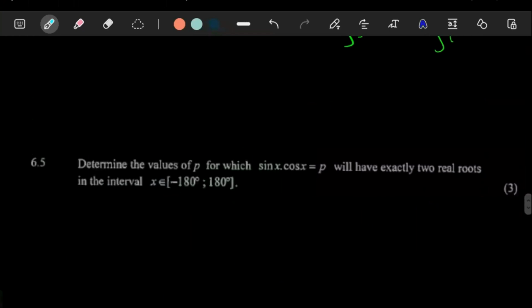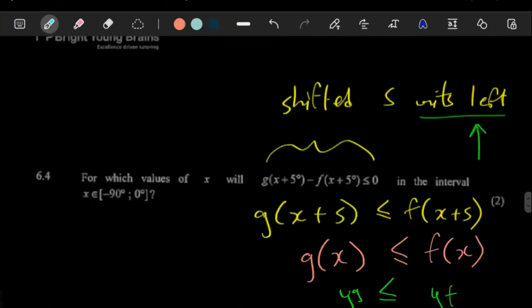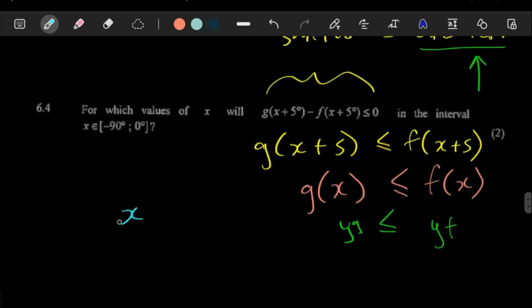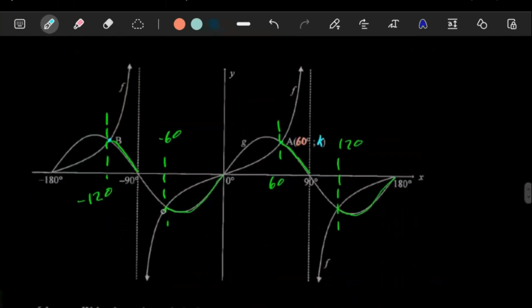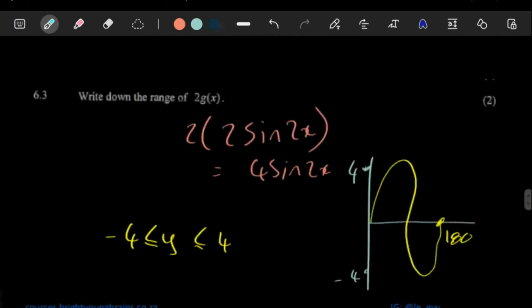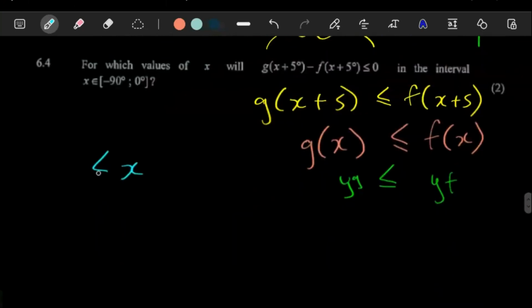So we're going to say there, your x values need to be bigger or equal to -65, and then they need to be smaller than or equal to -5.